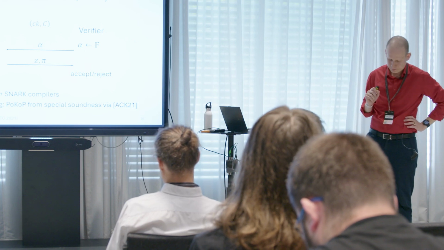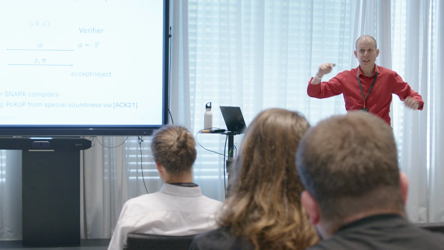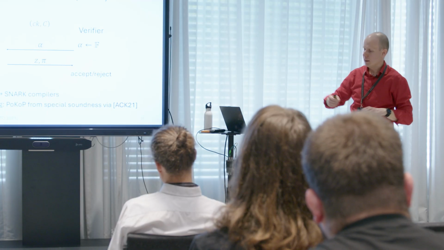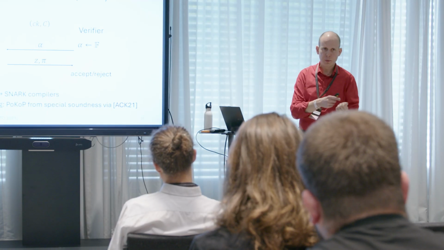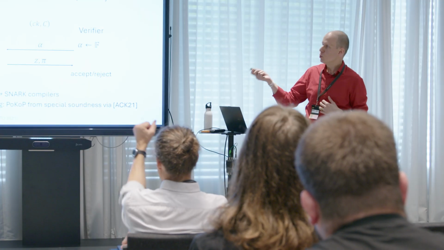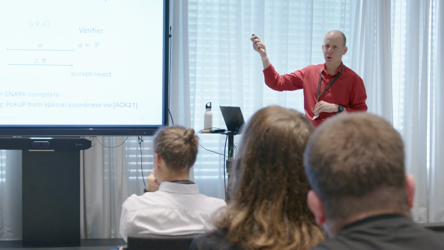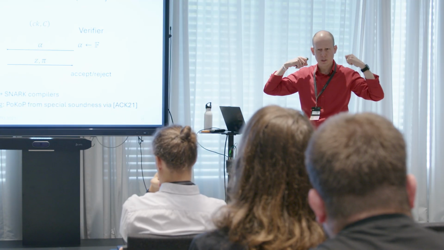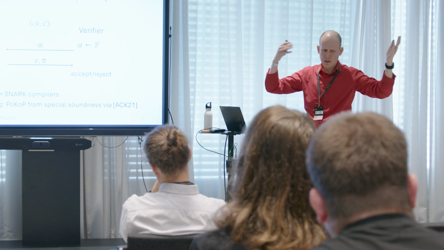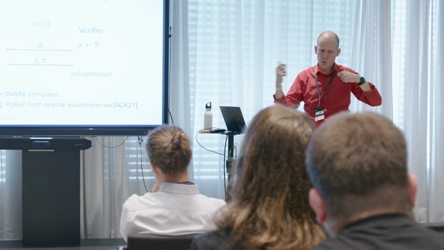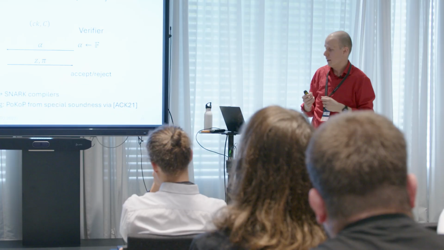So let me talk about how you define knowledge soundness. That depends on the application, right? One thing you observe is that if you are interested in these PIOP-to-SNARK compilers, then the use of the polynomial commitment is as a proof of knowledge of a polynomial. This is what the prover is doing for the verifier. The prover has a polynomial and wants to convince a verifier that it has this polynomial, and that's it.